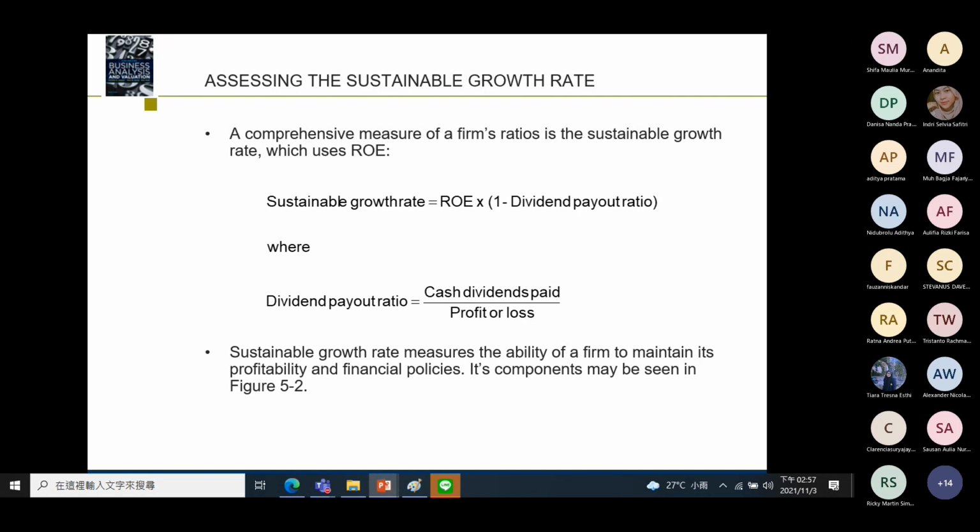A firm's dividend payout is the measure of dividend policy. Firms pay dividends for several reasons. They provide a way for the firm to return to its shareholders any cash generated in excess of the operating and investment needs.